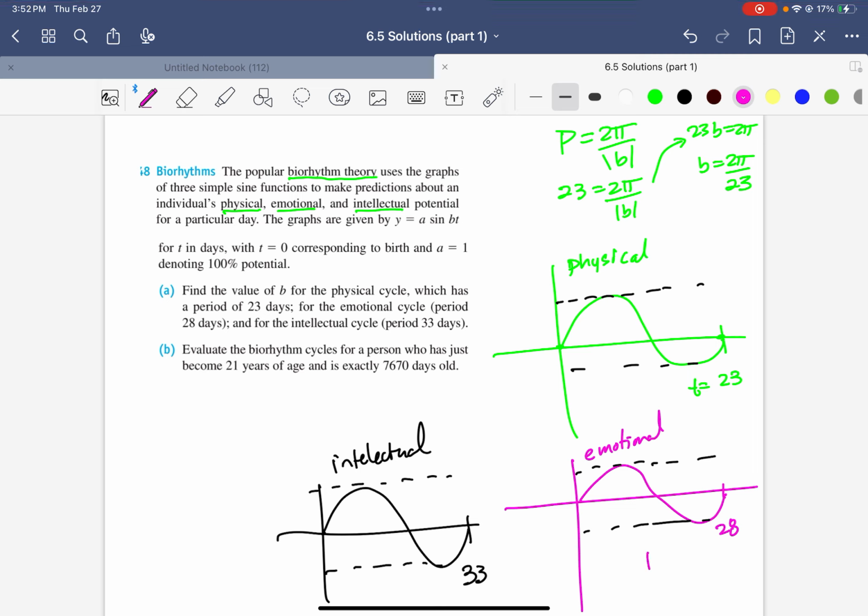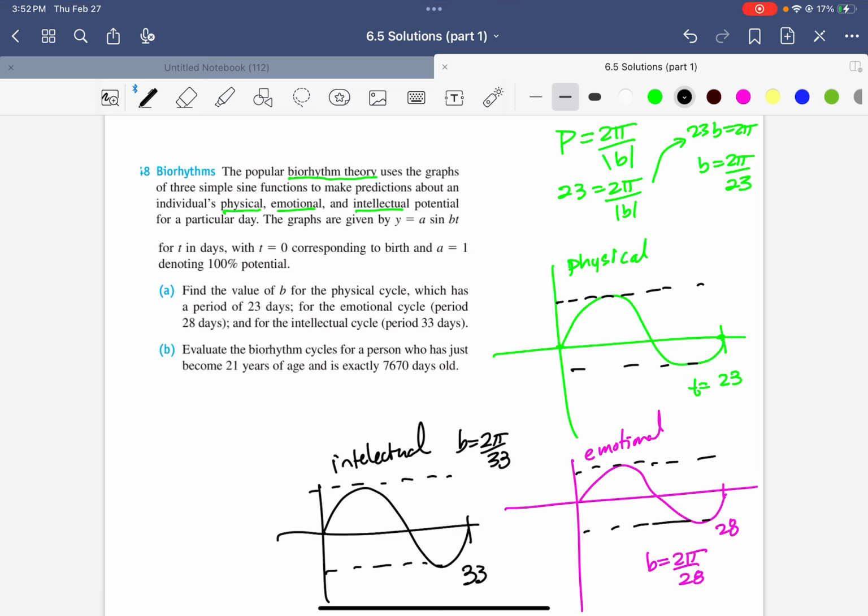So now it says evaluate the biorhythm cycles, so each one of them, for a person who has become 21 years of age and is exactly 7,670 days old. Wow. Okay.